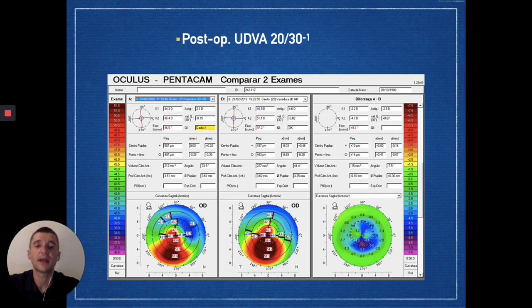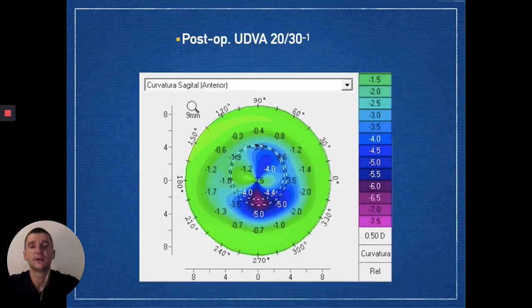And this patient, after the surgery, achieved an uncorrected visual acuity of 20/30, and it's important to call attention to the fact that the asymmetric segment did provide a greater correction where it is thicker. So it makes all sense when we remember the Professor Barraquer postulate.